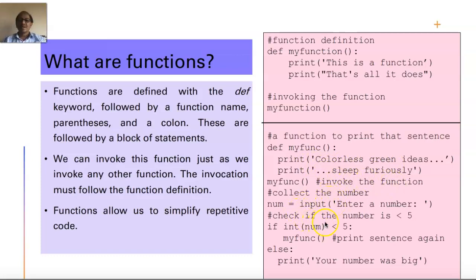So it prints the 2 lines and then it stops, right? What's happening in this program now? These two lines, we are not using them again in the if control. We are just calling the function. So the repetition is avoided. So that's what we are saying. Functions allow us to simplify repetitive code.